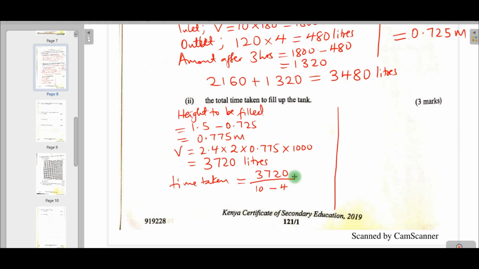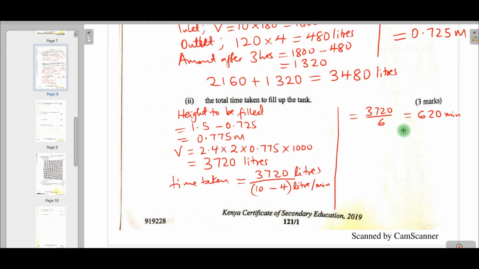So we are going to subtract. This is in liters, and here it is liters per minute, and therefore this is 3720 divided by 6. If we divide by 6, we end up getting 620 minutes.